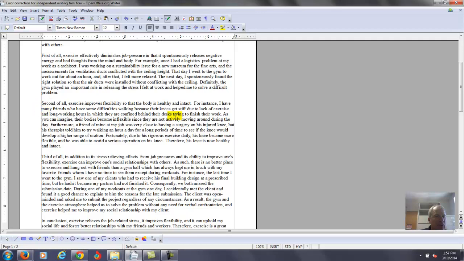Furthermore, a friend of mine at my job was very close to having a surgery on his injured knee, but his therapist told him to try walking an hour for long periods of time to see if his knee would develop a higher range of motion. Fortunately, due to the rigorous exercise daily, his knee became more flexible and he was able to avoid a serious operation on his knee. Therefore, his knee is now healthy and intact.